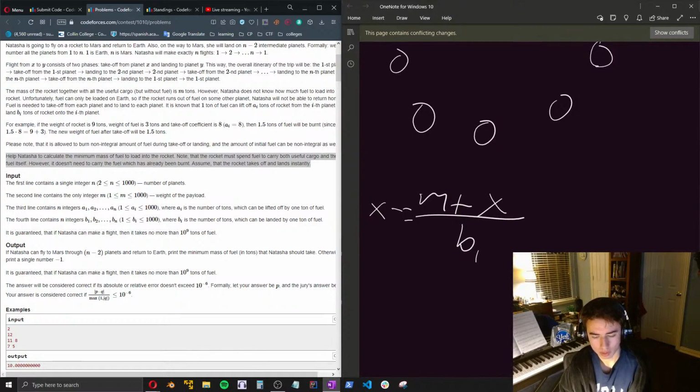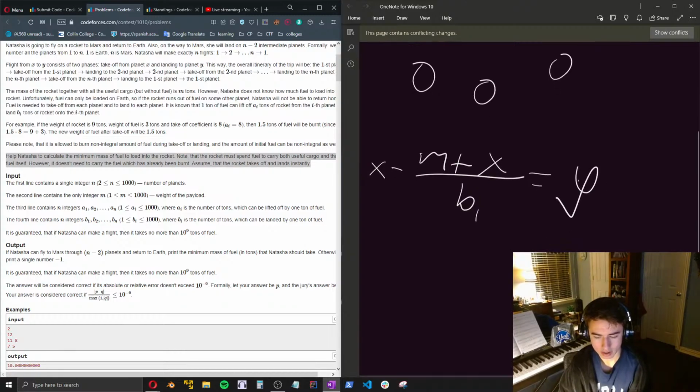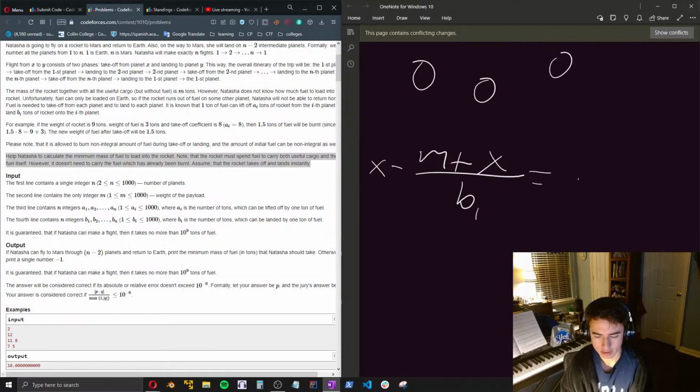So what do we need? Instead we can think about it as X minus (M plus X) over C equals X prime. Let's solve for X in terms of X prime.